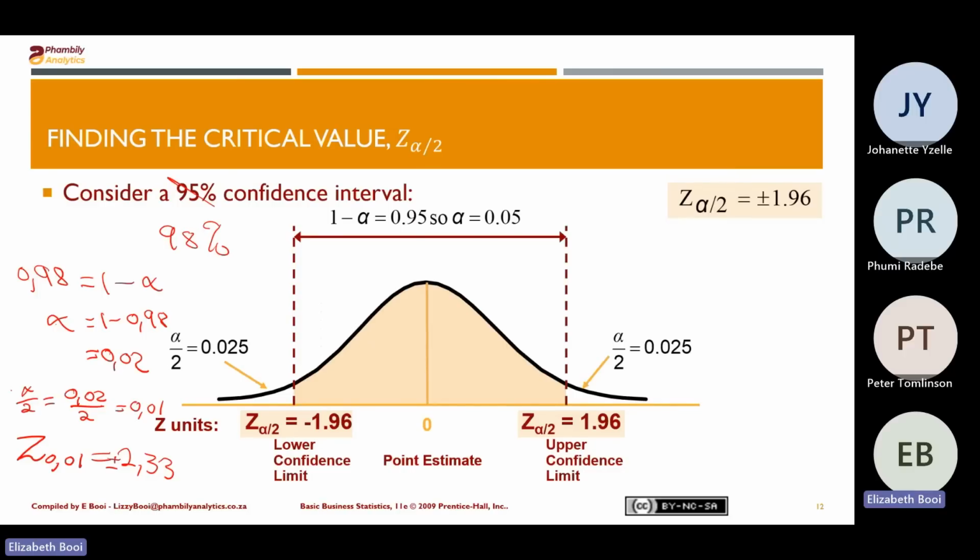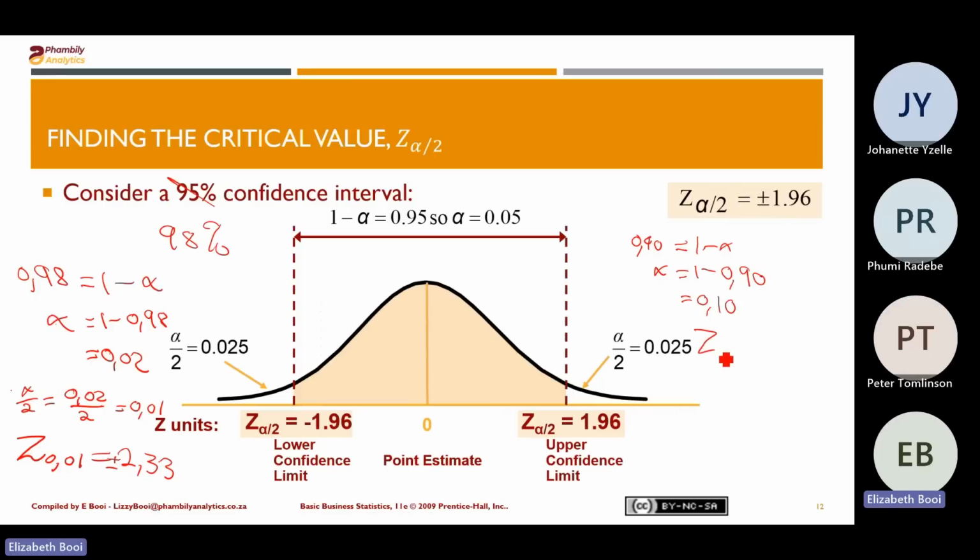There is one exception to the rule. Let's say we want to do a 90%. So 0,90 is equal to 1 minus alpha, and our alpha will be equal to 1 minus 0,90, which is equal to 0,10.